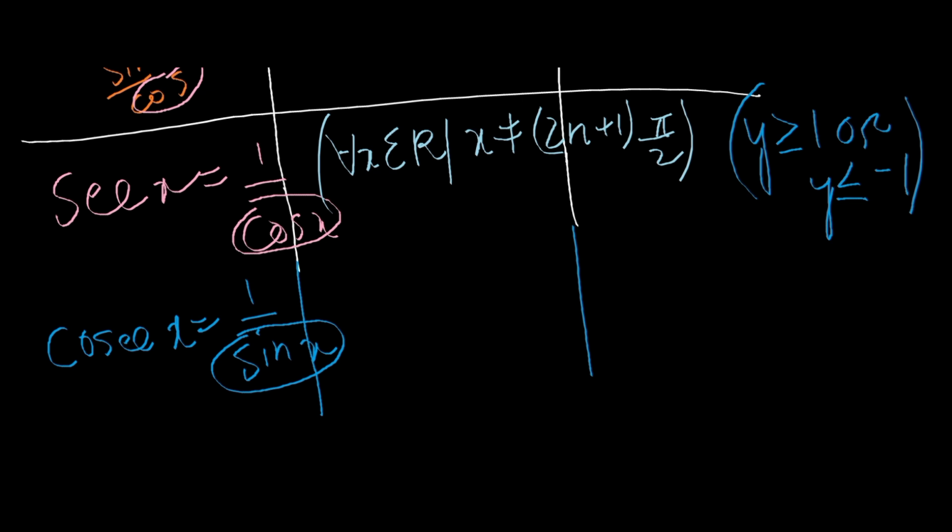So cosecant x is defined for all x belonging to real numbers. It means that we can put all real numbers, but still there are some limitations. There are some values that we can't put in the cosecant function.